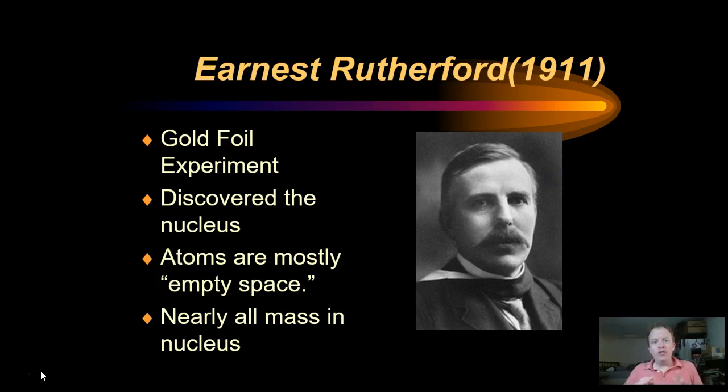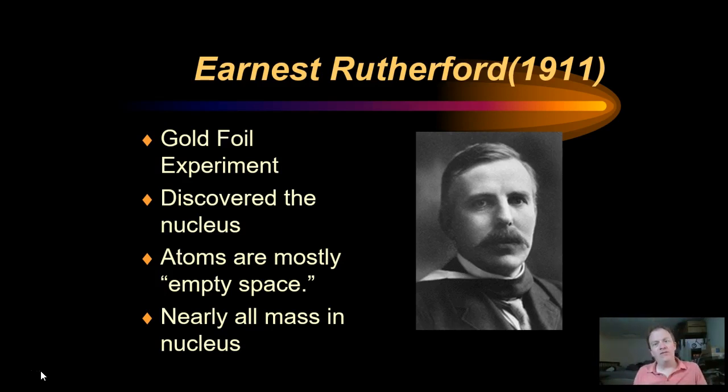So Ernest Rutherford conducted the gold foil experiment, one of the most famous experiments in all of science. He is given credit for discovering the nucleus. He discovered or said that atoms were mostly empty space. Now, some modern-day physicists might quibble a little bit with what exactly we mean by empty space, but let's leave that aside for right now. And nearly all of the mass is in the nucleus.